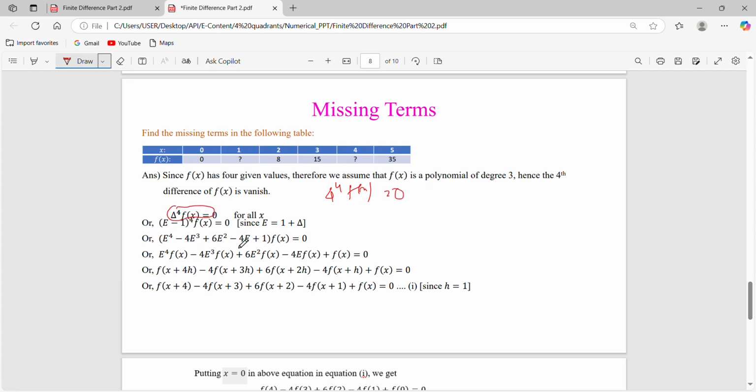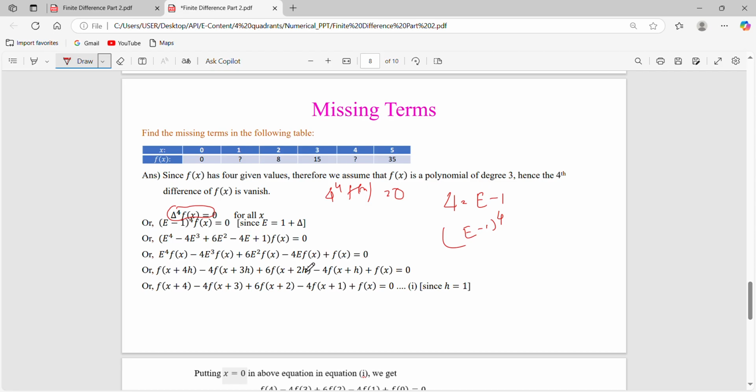We know the relation between delta and the shift operator: delta equal to E minus 1. So (E minus 1) whole to the power 4 f of x0. How do you expand (E minus 1) whole to the power 4? Using 4C0 E to the power 4 f(x), minus 4C1 E cube f(x), and so on.